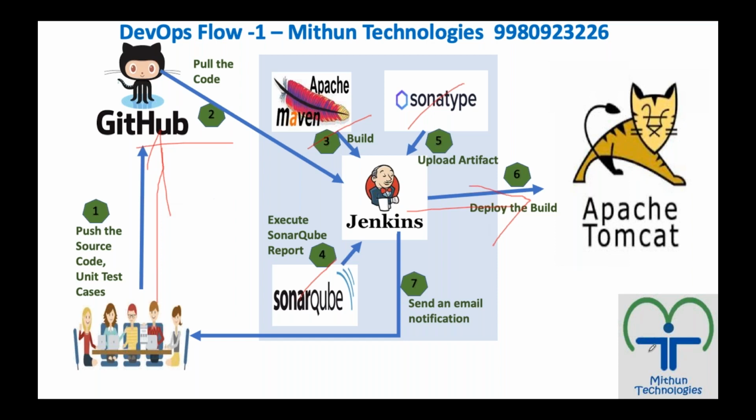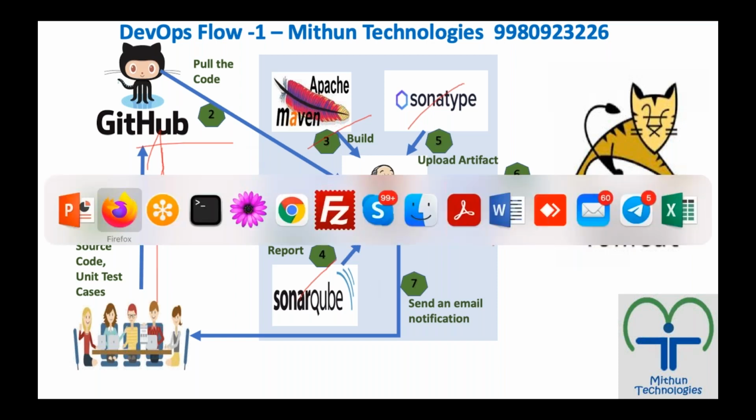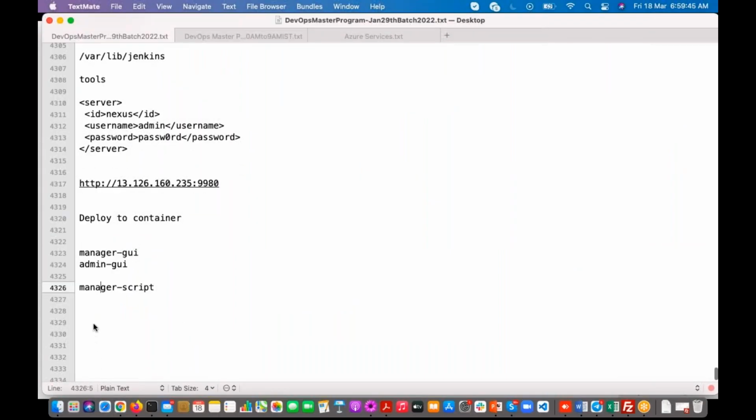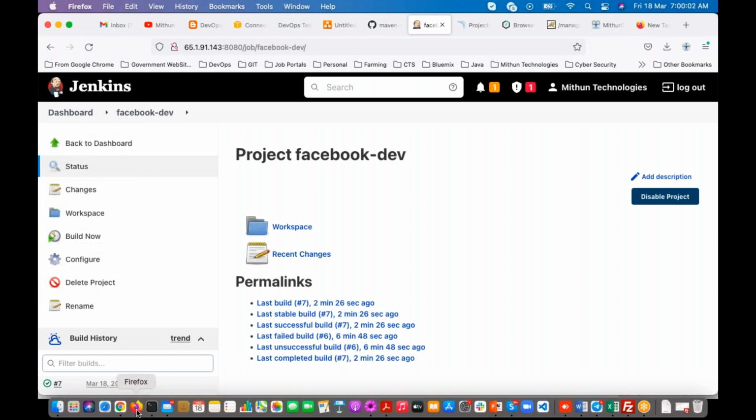So Om Prakash is asking about JUnit test cases, sir. See, if we use mvn package, what will happen? Before package, which goals are going to execute? Validate, compile, test. So right now there are no unit test cases.